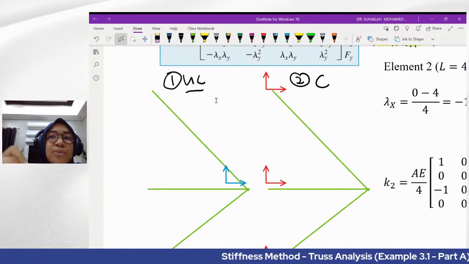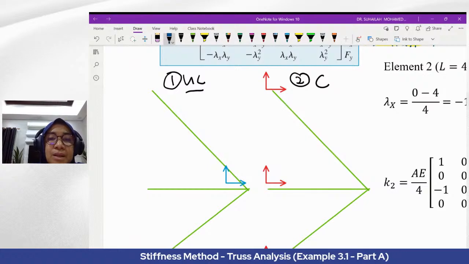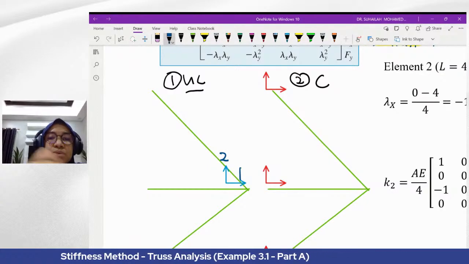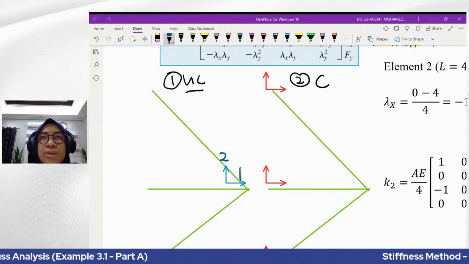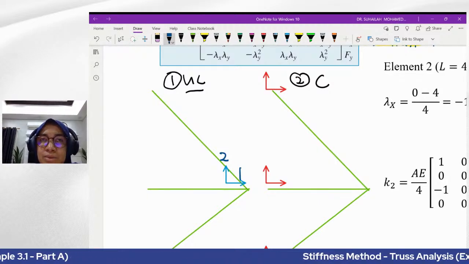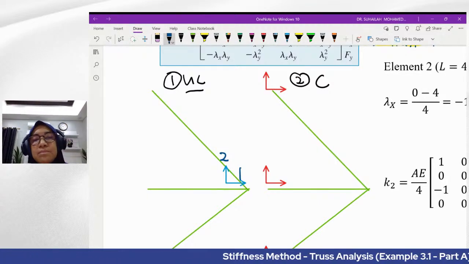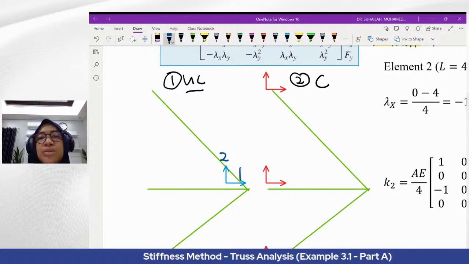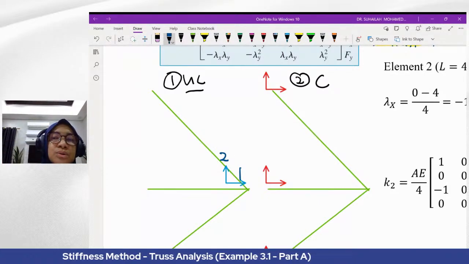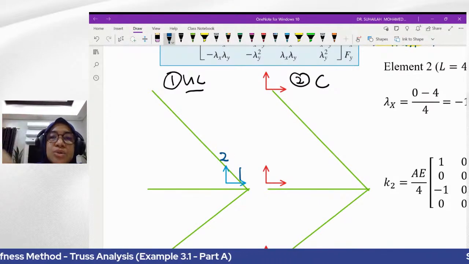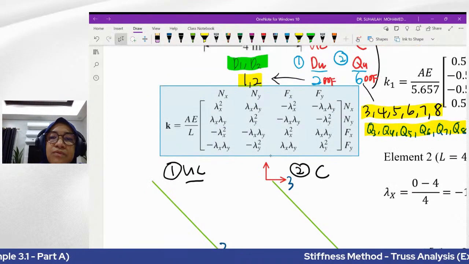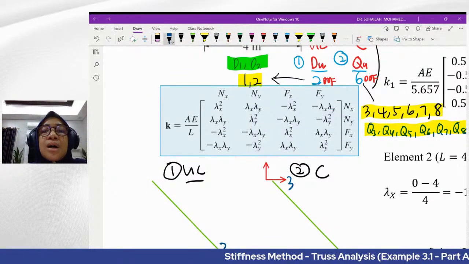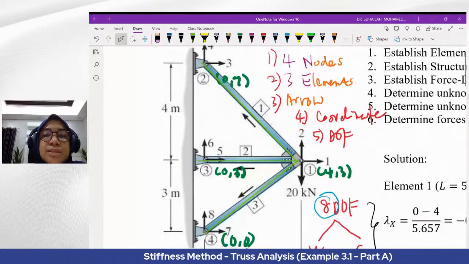So we should label 1, 2 like this. We will start with X first, 1 and 2. Complete the unconstrained system, then only we continue to the constrained system. So we continue with 3 for the question, same.